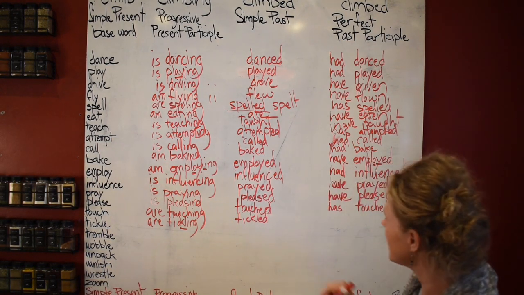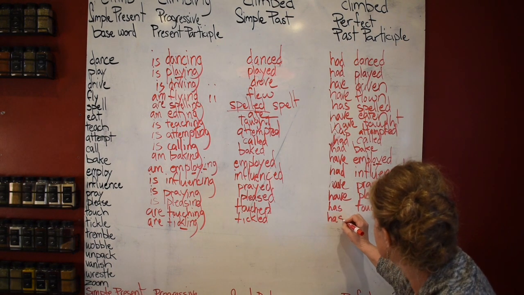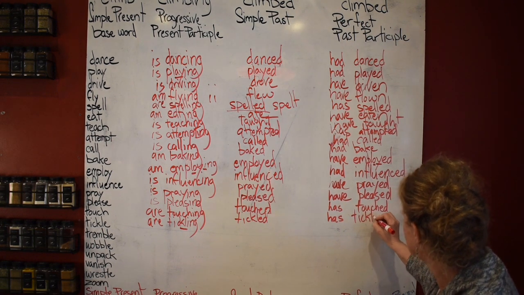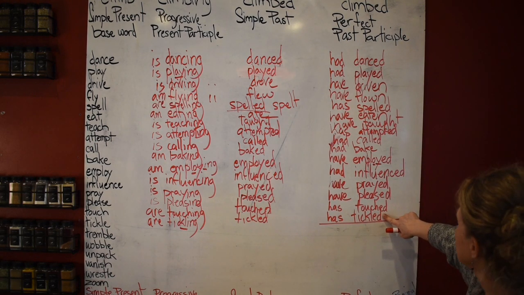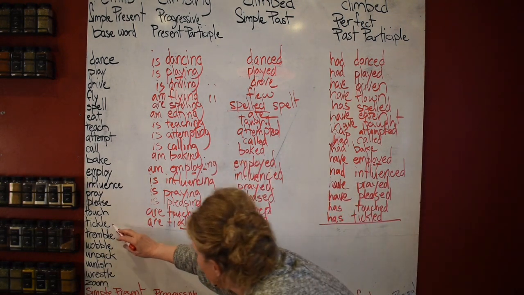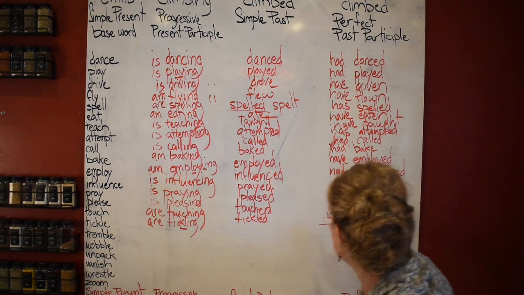You're going to drop the E and add on your vowel suffix ed. And then has tickled. This right here is number 4 in your principal part. 1, 2, 3, 4.